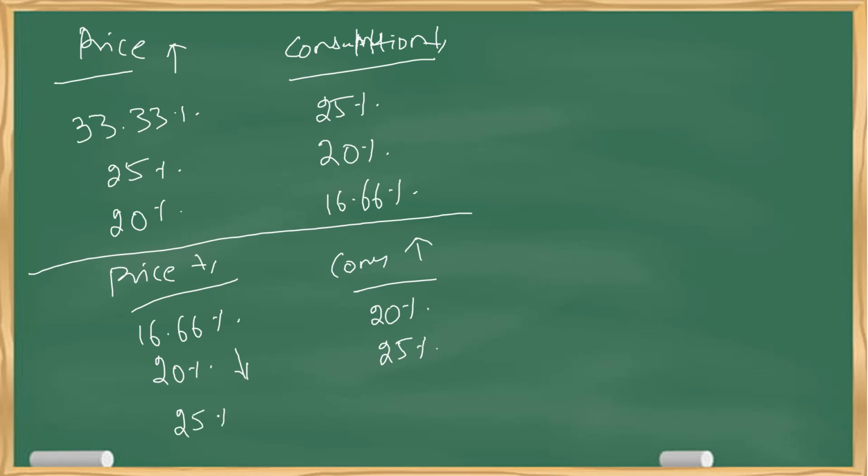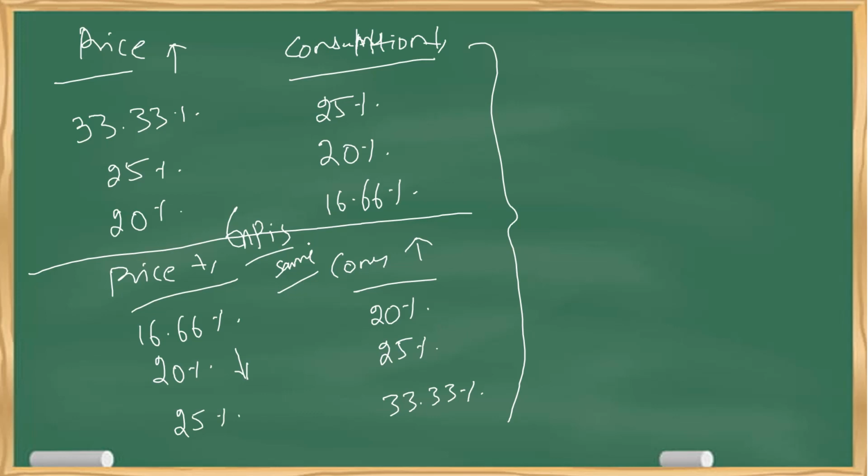If it is decreased by 25 percentage, you can increase it by 33.33 percentage. These are the basic things you are supposed to remember, and these are the fraction equivalence, that is percentage equivalence. In all these cases, expenditure is the same.